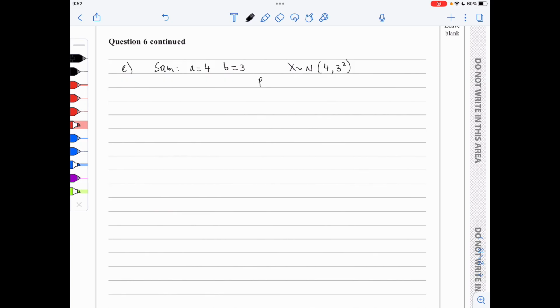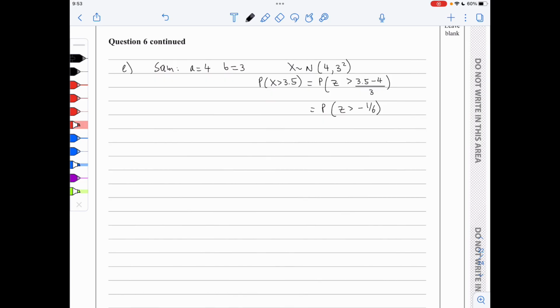So the probability of x being greater than 3.5 will be the probability of z greater than 3.5 minus 4 over 3, which is simply the probability of z being greater than minus 1 over 6. I'm not interested in the probability, I'm interested in how can Tim get a higher probability.